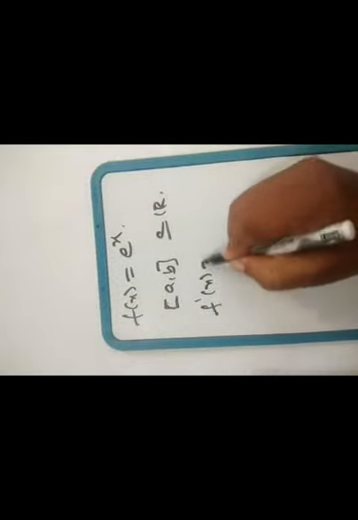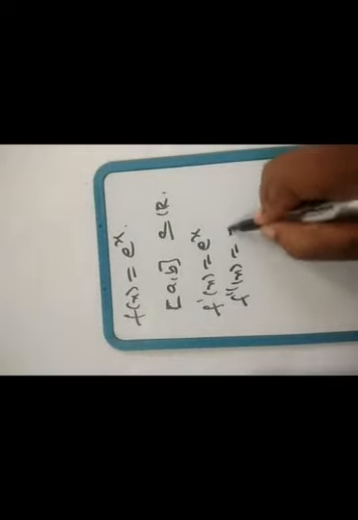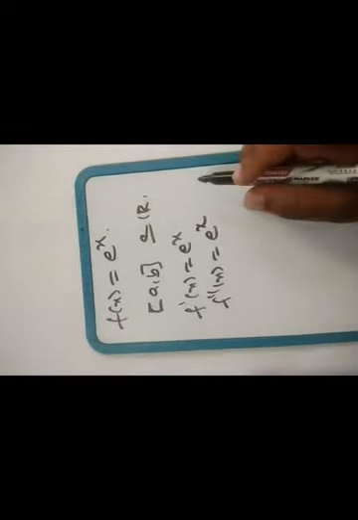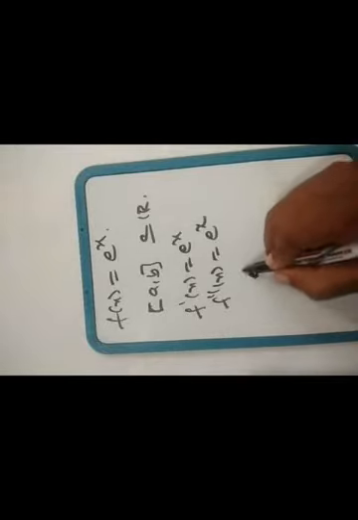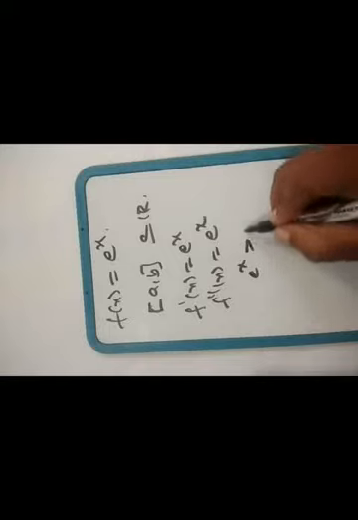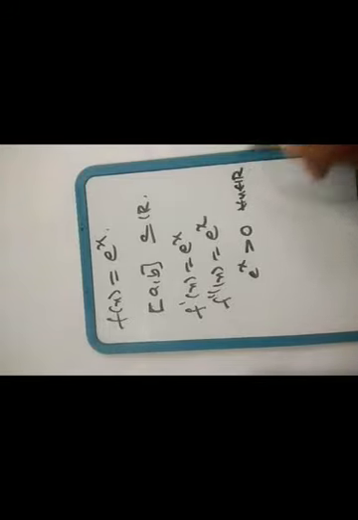F dash of x is e raised to x, and f double dash of x is also e raised to x, which is always greater than 0 for all x belonging to the real numbers.